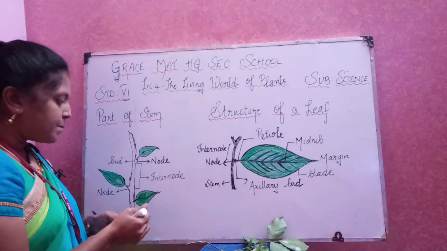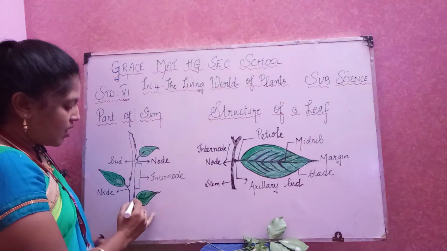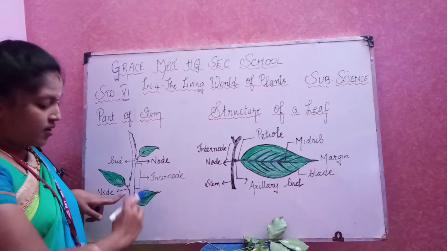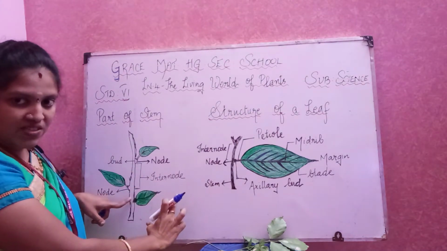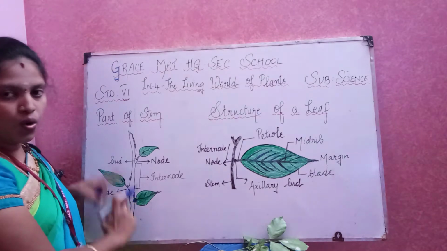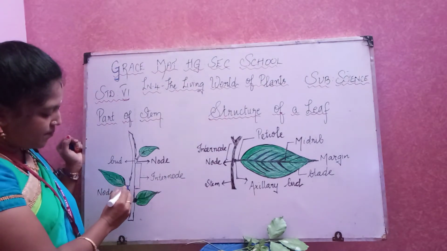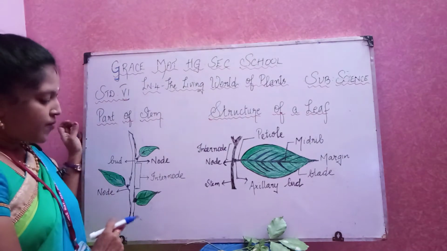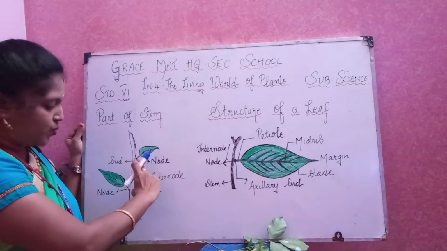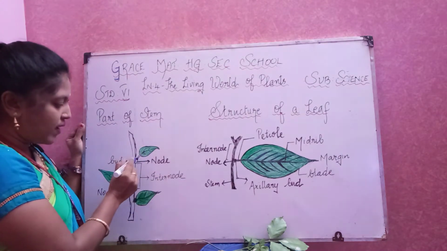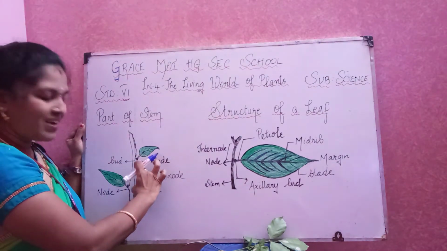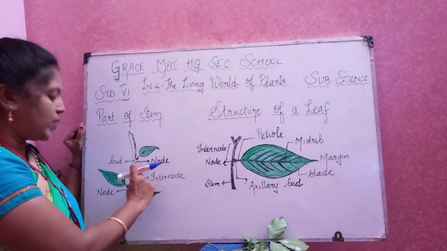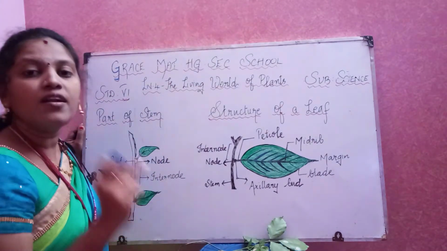The point at which the leaves arise from the stem is called the node. You can see the nodes here, all these are the nodes. The distance between two nodes, this is one node and this is another node, is called the internode. Inter is nothing but between. That is called the internode.